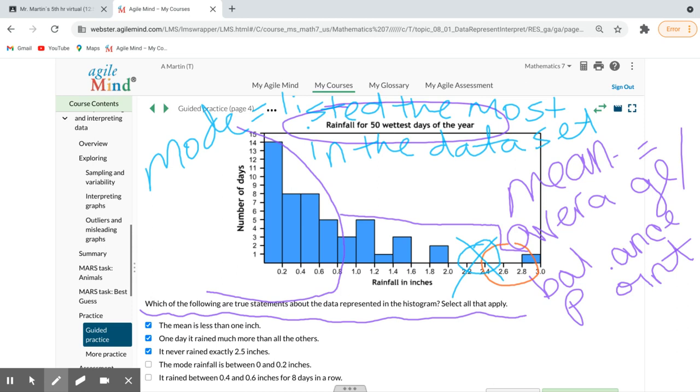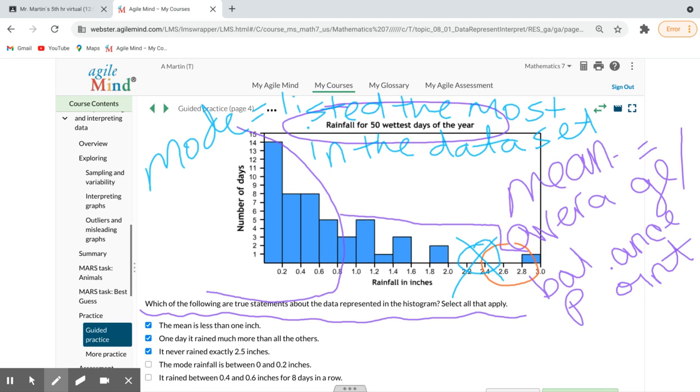No. So can we know for a fact that the mode is between 0 and 0.2? No. Let me explain why. It could be 0. Since it says between 0 and 0.2, does that include 0? No. It includes 0.1 to 0.2. Correct. All right. And so without having the data set, we just don't know. It's not enough information for us.